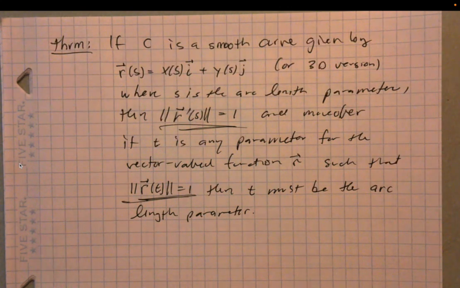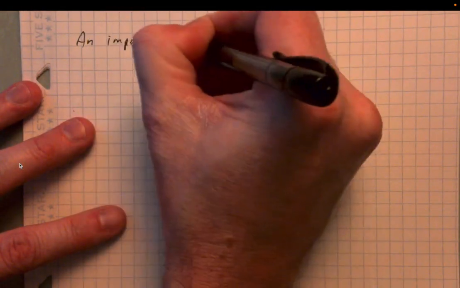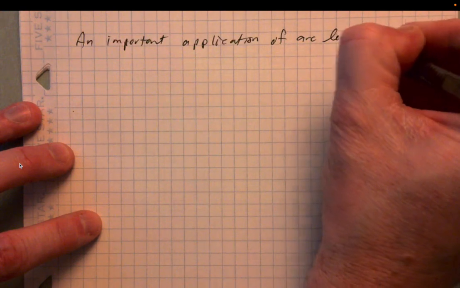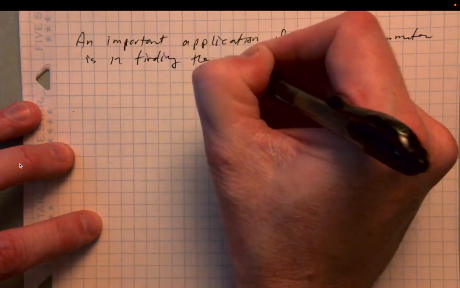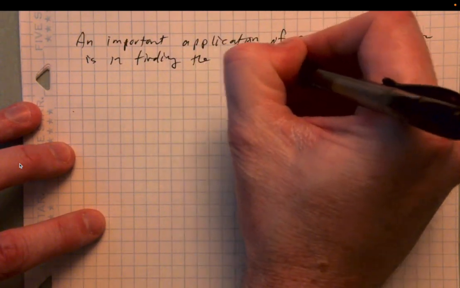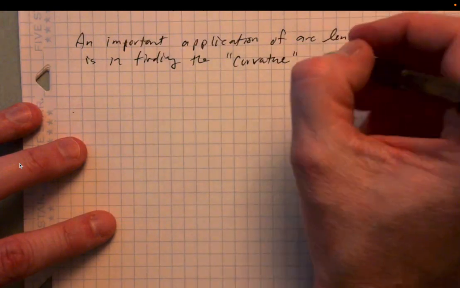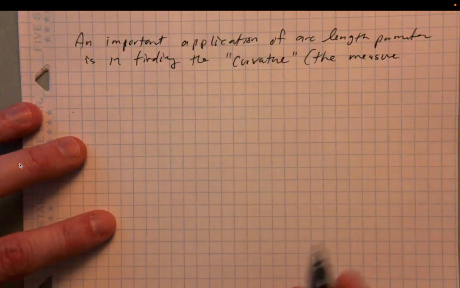One such application is using the arc length parameter to find the curvature of a curve. And what is the curvature? Well, in lay terms, it's the measure of how sharply a curve bends.